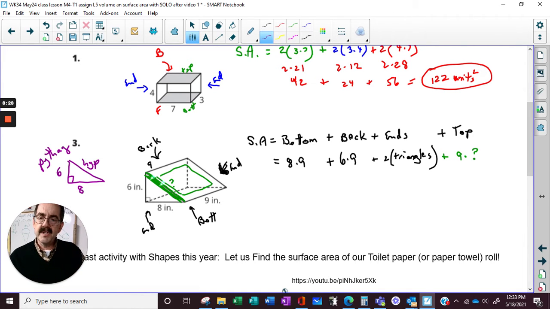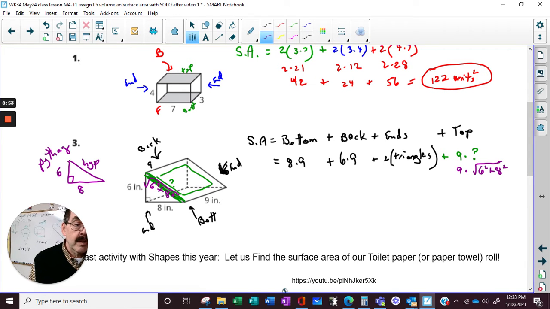Okay, so this length right here is 6 squared plus 8 squared, and we have to take the square root. That's the question mark. Okay, so this is going to be 9 times the hypotenuse. 6 squared plus 8 squared. Okay, have to do that math.